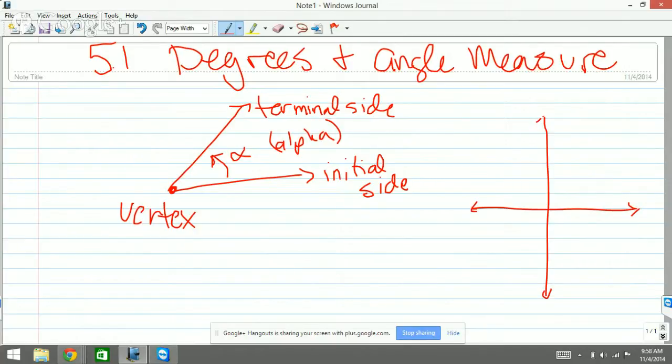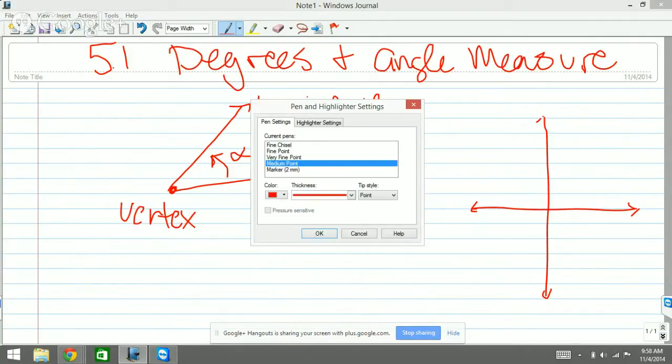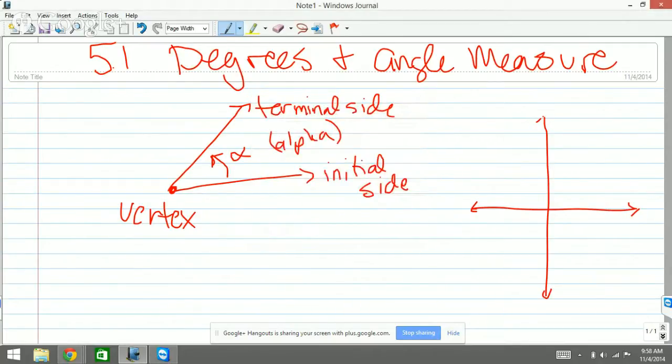A big part of trig is putting these on the coordinate plane. Have you done that at all, put angles on the coordinate plane? Okay, this is called standard position. You put the initial side on the x-axis.